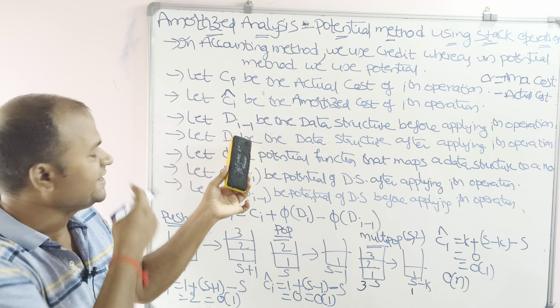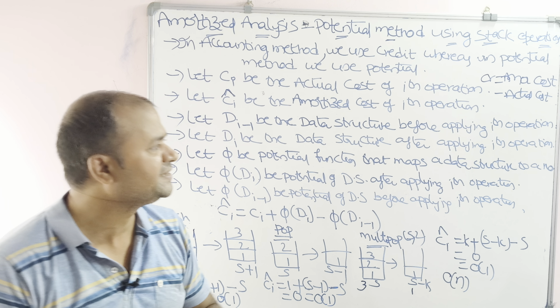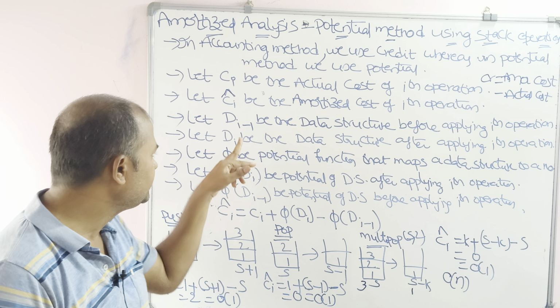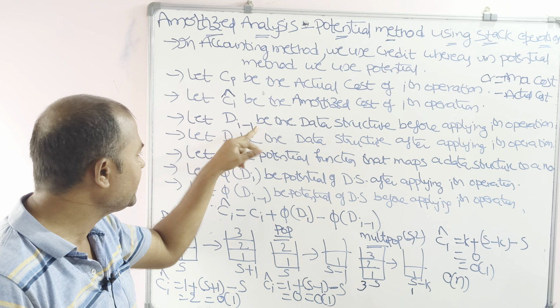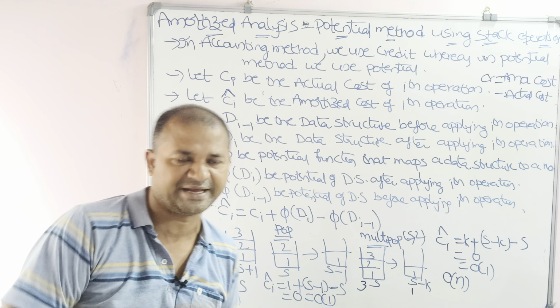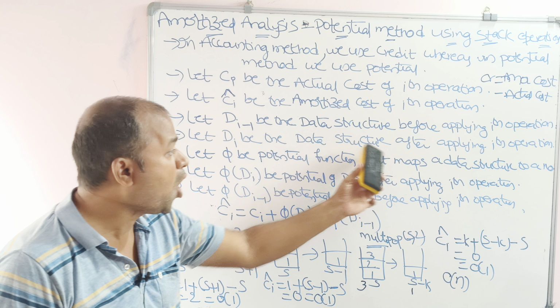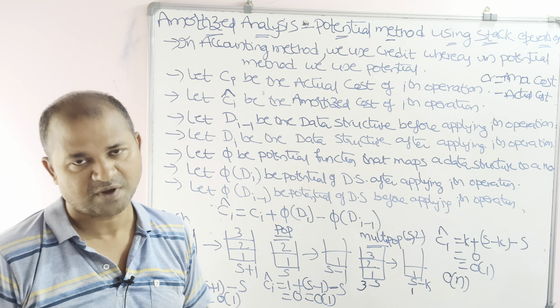Let Di minus 1 be the data structure before applying the ith operation. So Di minus 1 means the data structure before applying the ith operation. Di means the data structure after applying the ith operation.